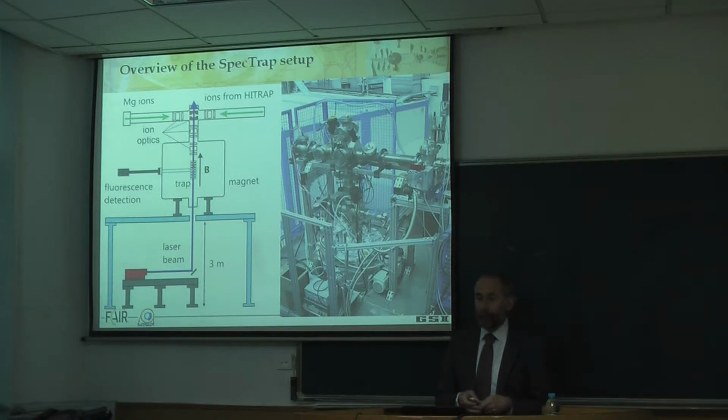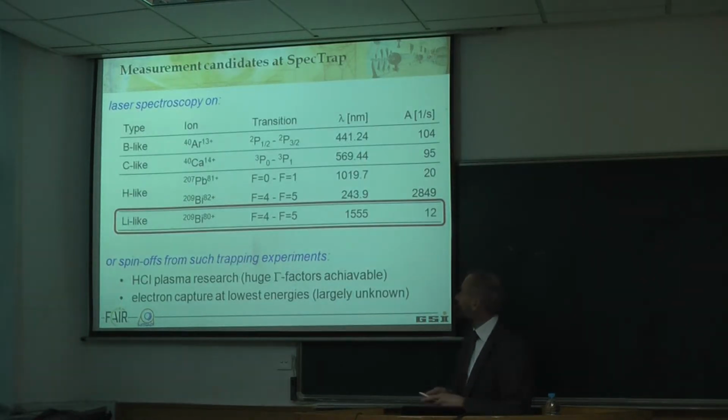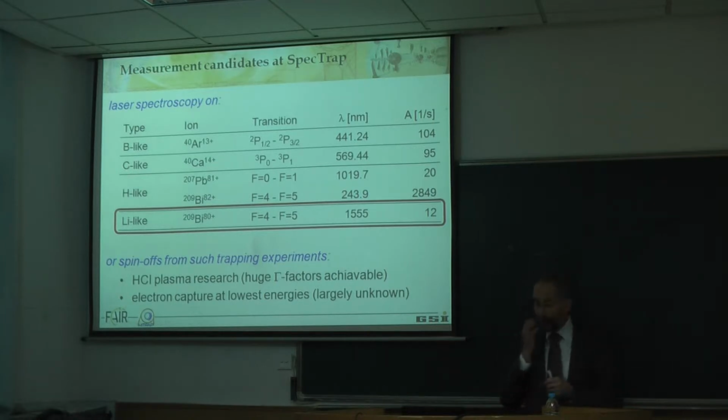Yes? Why do you like bismuth? The laser is not difficult. Yeah, but it's because you can do this. It's the only one where you can get both of these wavelengths to be not too bad. The problem is that because this is lithium-like and hydrogen-like, there's always a ratio of something like 8 between the two wavelengths.